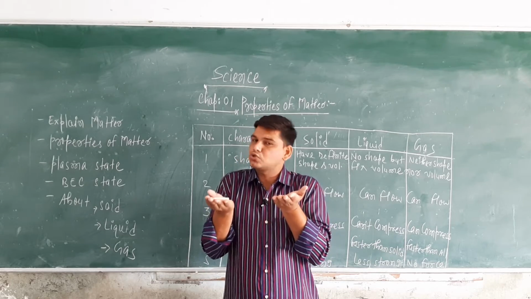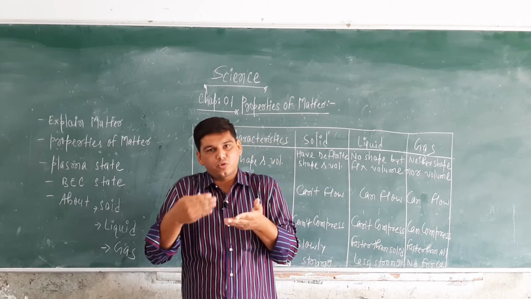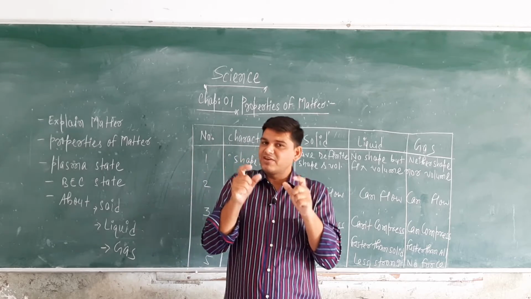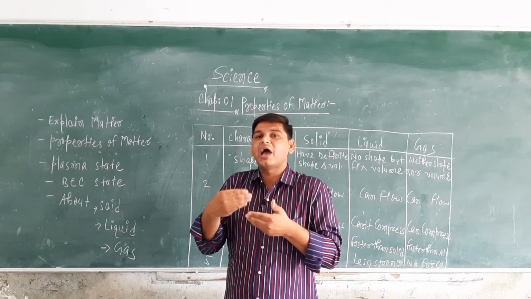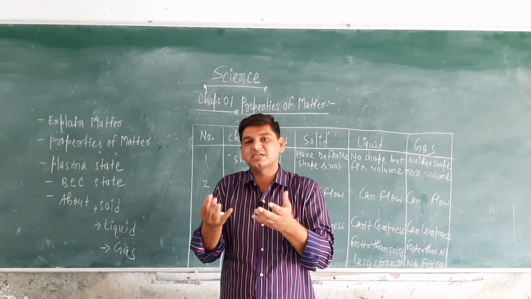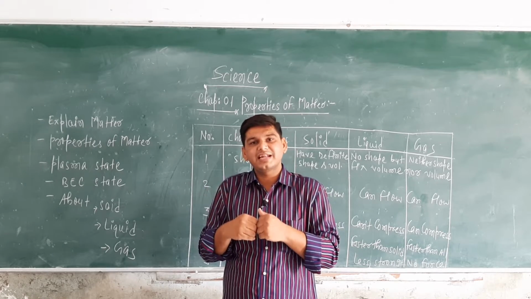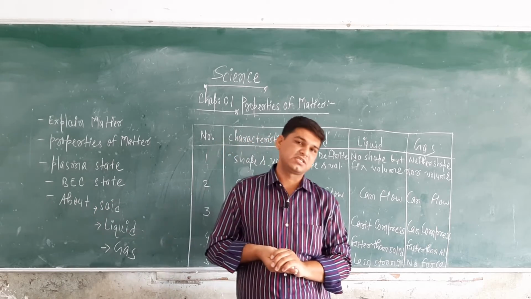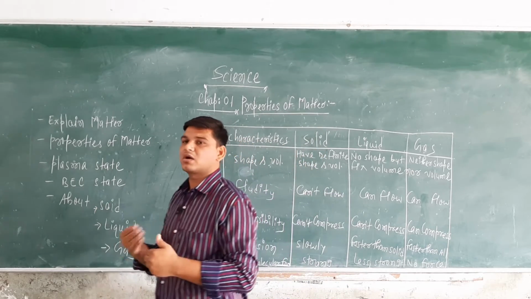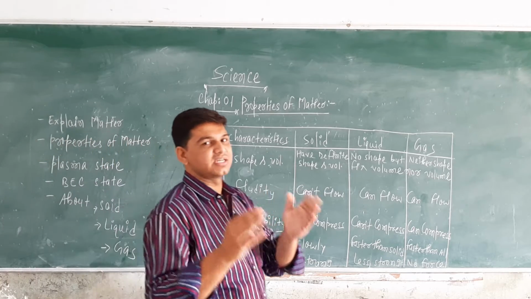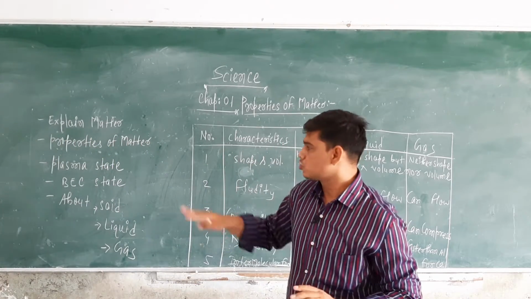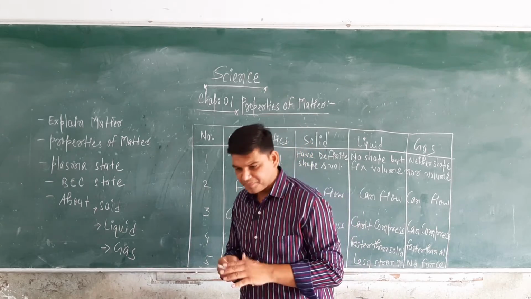When you provide heat, the gas starts to be heated, and the particles in that gas start to be ionized, acquire electrical charge and convert into the plasma state. So when any gas is heated, it becomes ionized, gets electrical charge and converts into the plasma state.